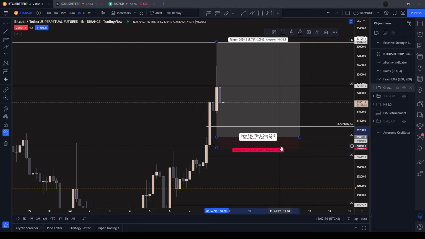Then if you bid this LG, the stop loss would be if a candle closes below 21,050.